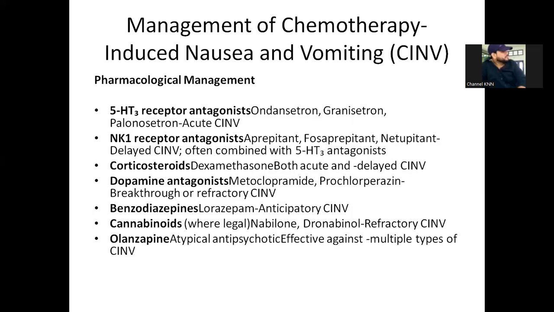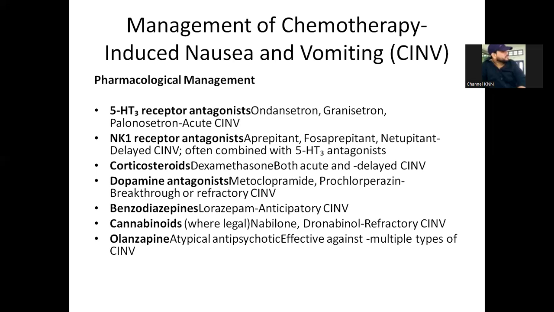The pharmacological management of these mainly includes 5-HT3 receptor antagonists like ondansetron, granisetron, palonosetron, which can be used for treating acute CINV, and NK1 receptor antagonists are given for treating delayed CINV, and corticosteroids can be given in both cases.